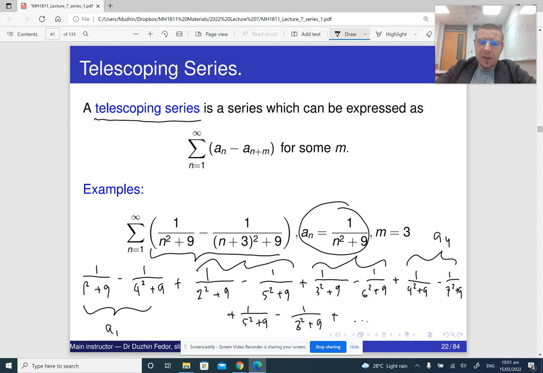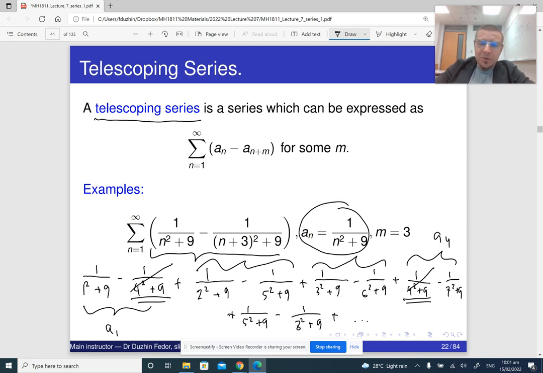If you look at a1 and a4, you will notice that there is the same entry in both terms. In a1 it comes with a negative sign, in a4 it comes with a positive sign, so they're going to cancel out, right?